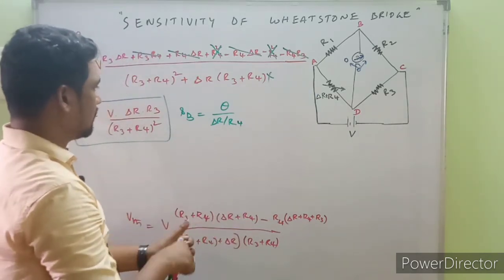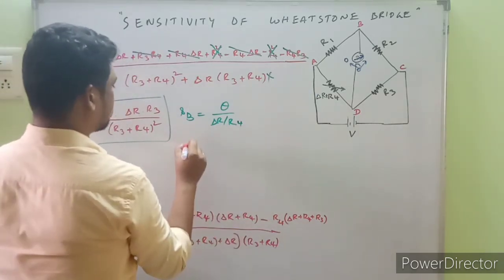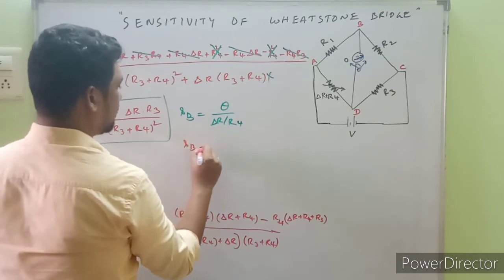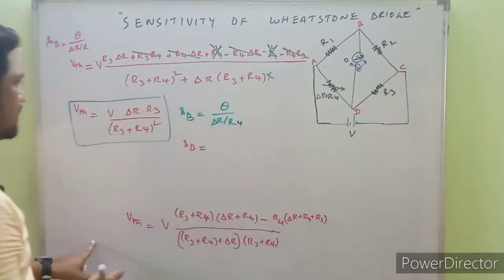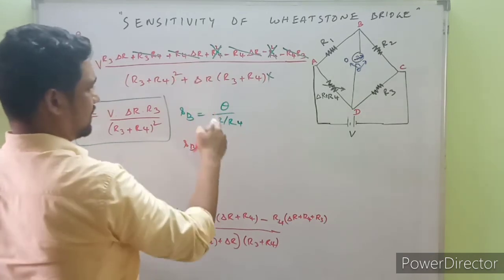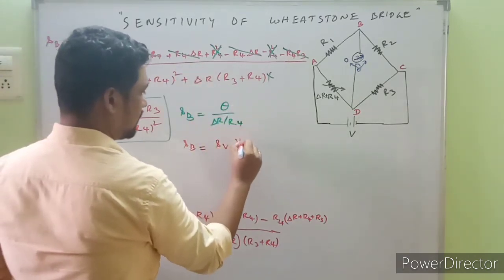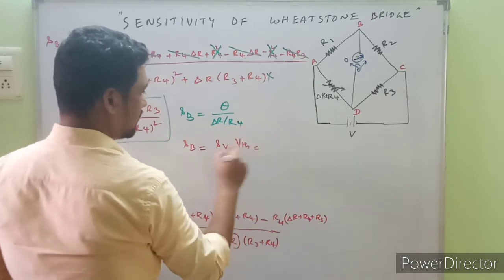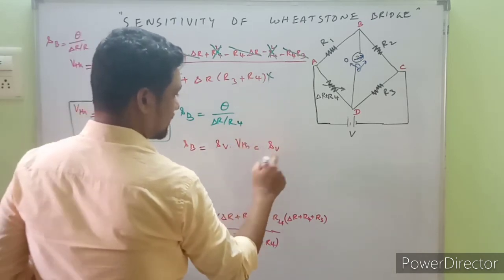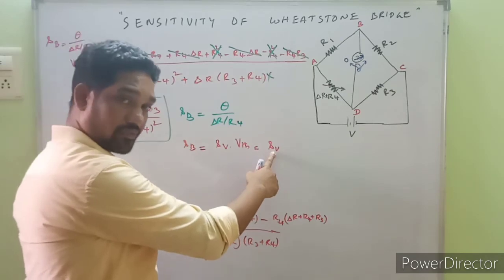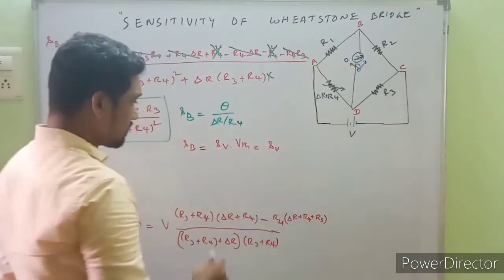So in that case, going ahead, SB will be equal to, what is theta? Theta is, we had previously, SV into VTH, where SV is the voltage sensitivity of the galvanometer, into VTH.